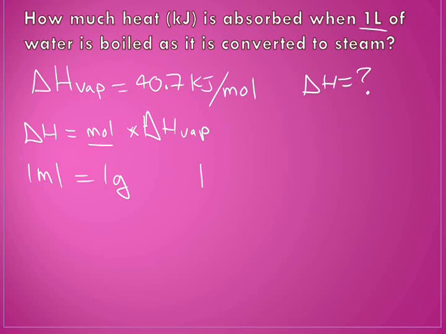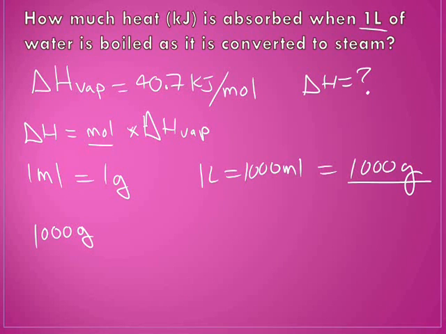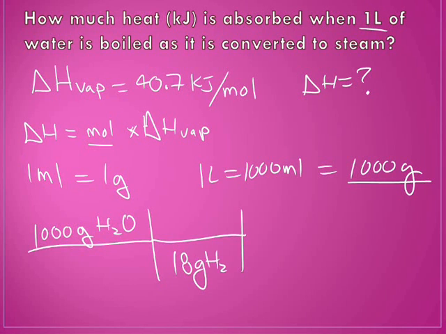So 1 liter equals 1,000 milliliters, which equals 1,000 grams. So from 1,000 grams of water, we can get moles. We have 1,000 grams of H2O, and 18 grams per 1 mole. Let's calculate that. That is 60 moles with sig figs. So in about a quart of water, we have 60 moles of water.